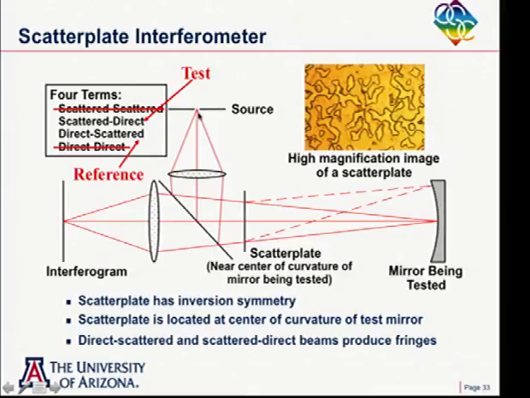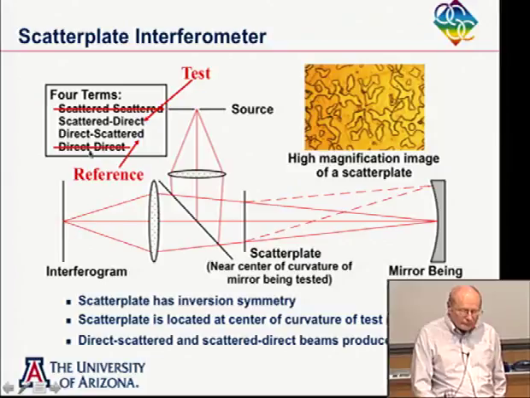And so since the source was imaged onto the mirror, this lens will also image the source back here on the interferogram plane. And we said we really have four beams back here. We said we have a beam that is scattered the first time, and then the next time through goes directly through, and that was just going to be an image of the source right here, and that's a bright spot, often called a hot spot, and so we will forget about it.